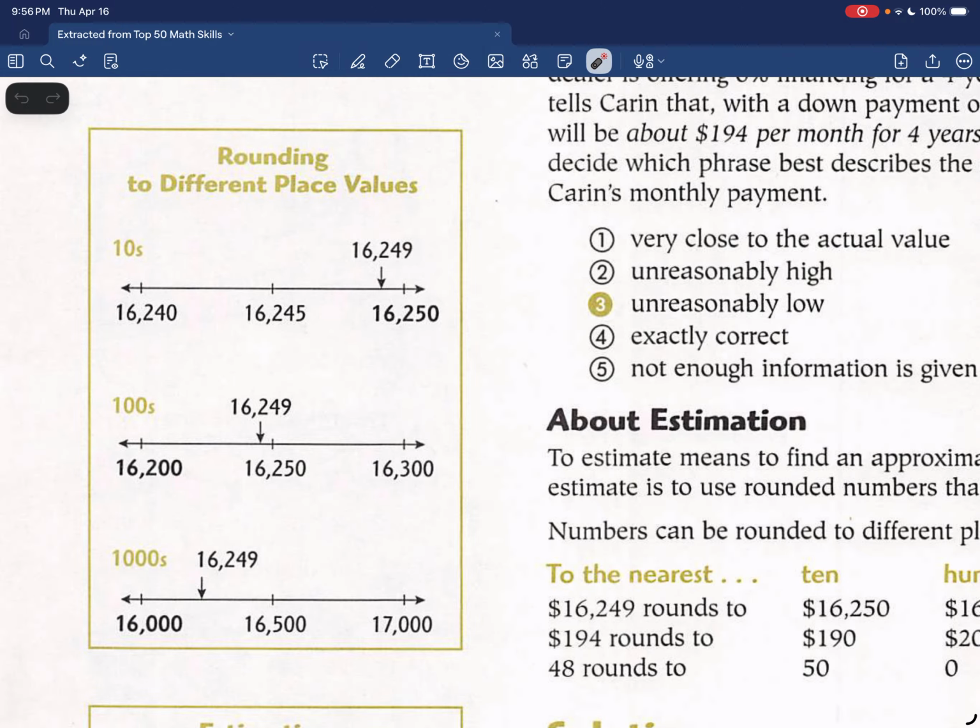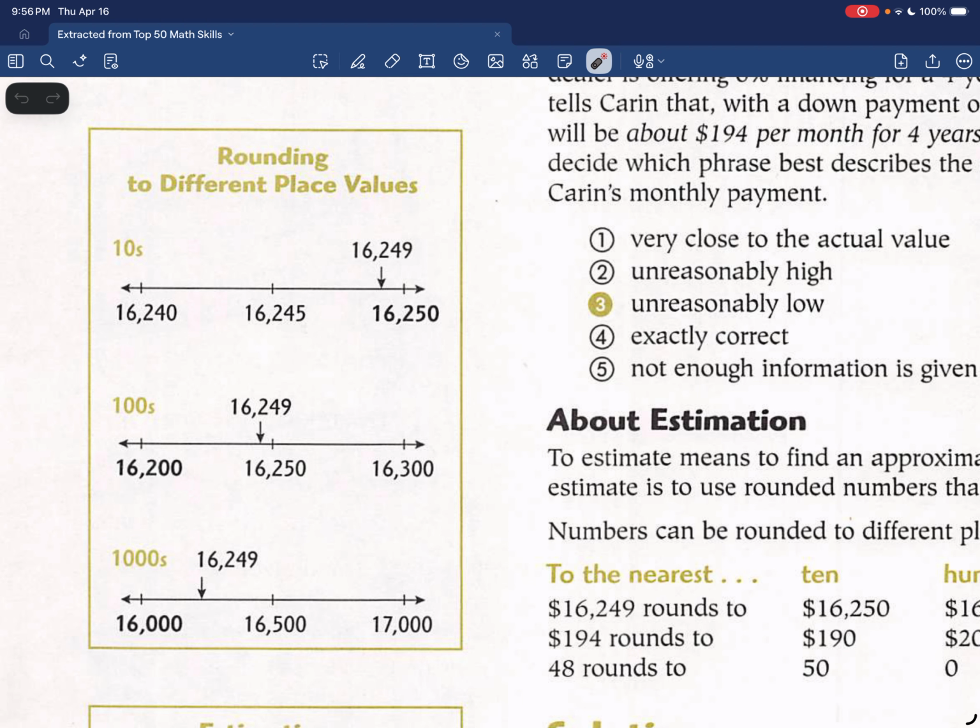And in this first example, they give me a number line that is marked in tens. It's actually marked in fives, but they want us to consider rounding to the nearest 10. So for example, the number 16,249 rounded to the nearest 10 is closest to 16,250.